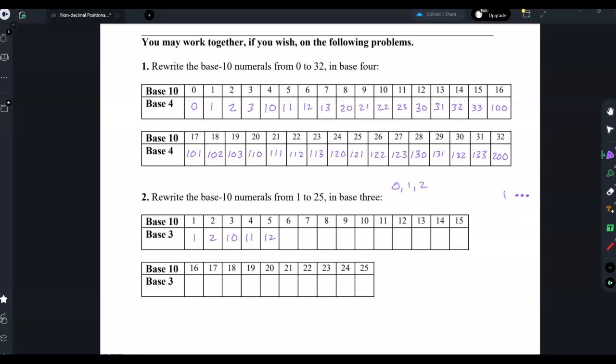Go to the next numeral, now I've got 3 again. Anytime I have 3, that gets regrouped. And so now those 3 units are gone and they become another rod. So now I have 2 rods, 0 units. If I go to the next numeral, I add another unit. So that's 2 rods, 1 unit. Go to the next numeral, now I have 2 rods, 2 units.